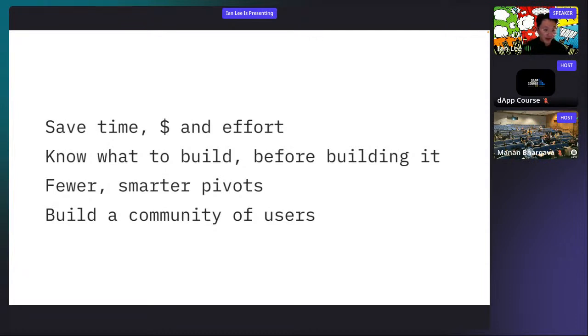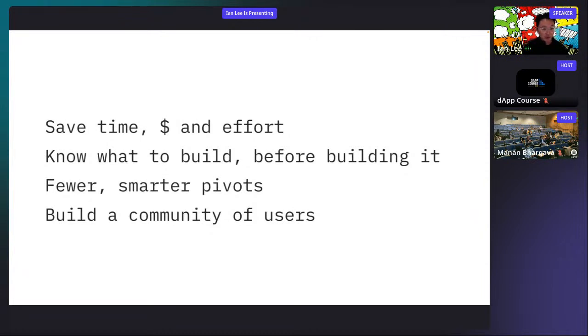I have seen this a lot, having invested in hundreds of startups in Web3. People often do the reverse. They build it first without knowing if they should actually build that thing or if people want it. And what they do is they spend millions of dollars and months, if not years of time, only to find later on that actually that wasn't what they should have done.